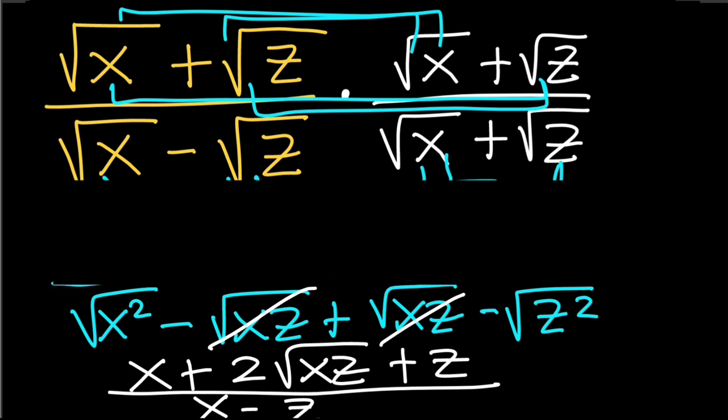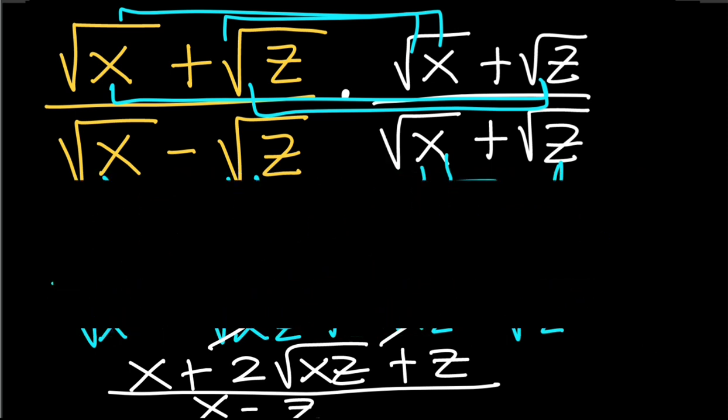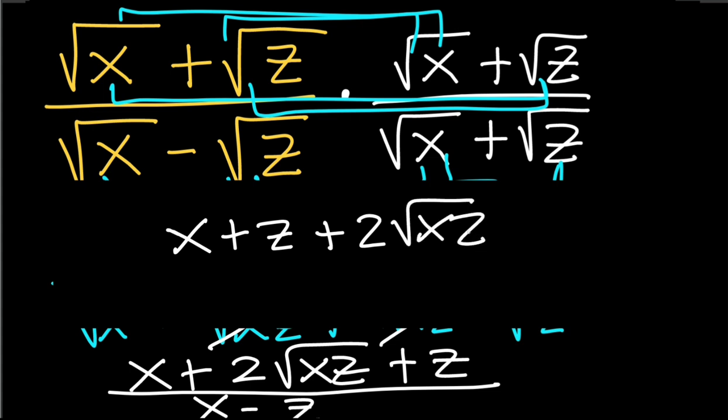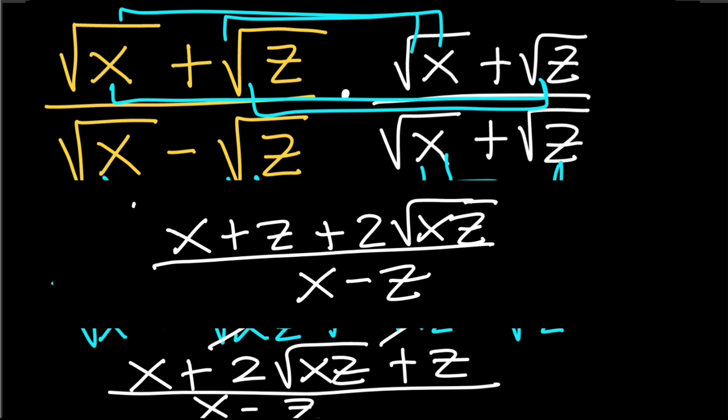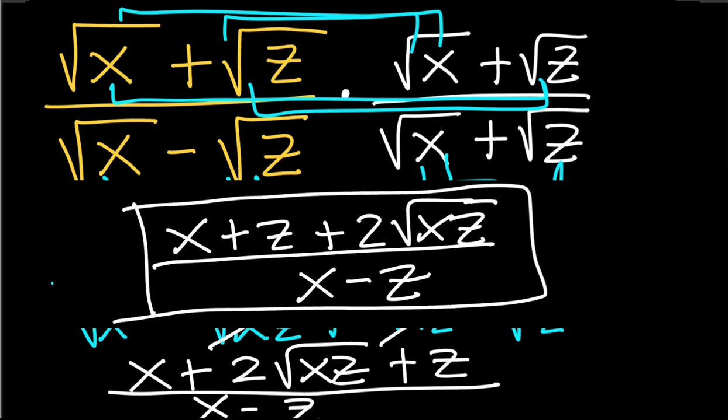So the final answer is x plus z plus 2 square root of xz over x minus z. So this is our final answer.